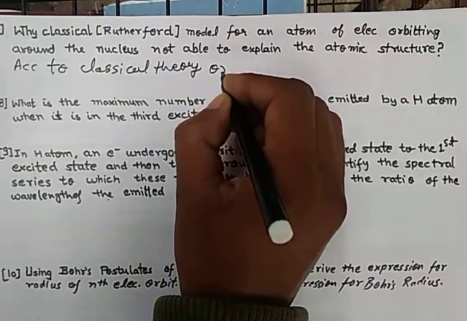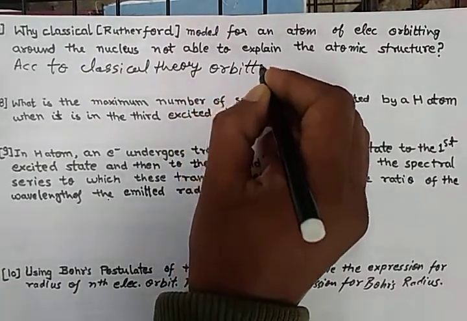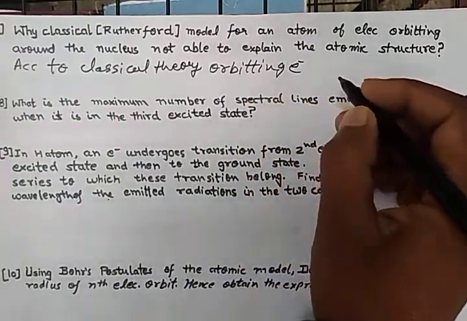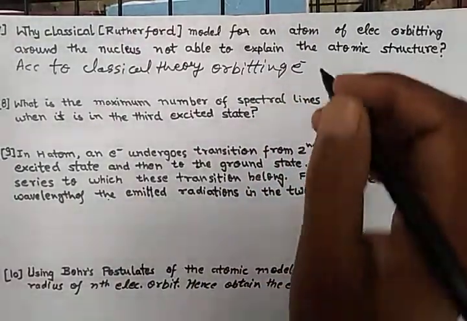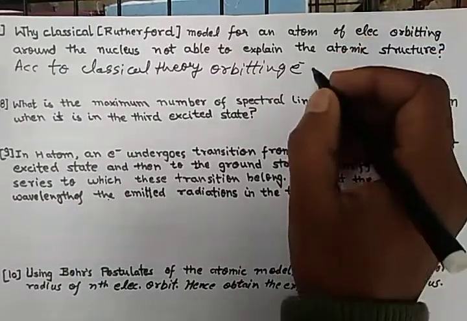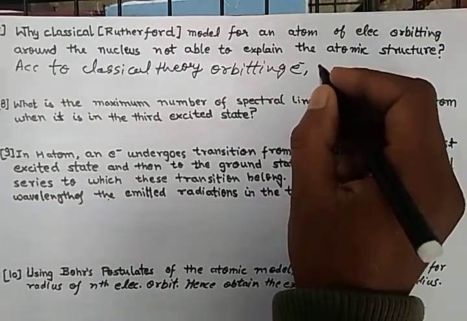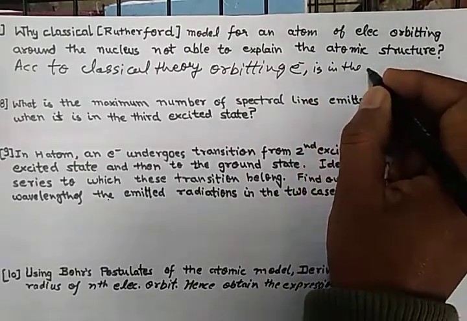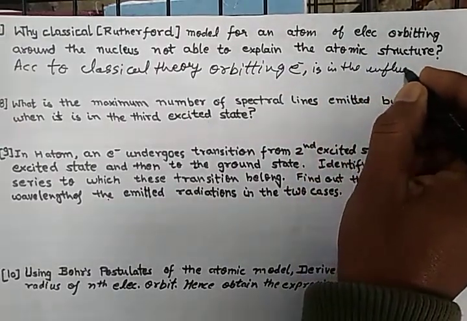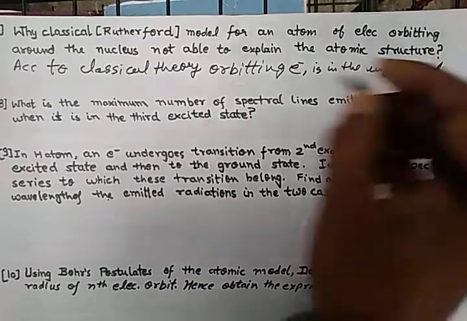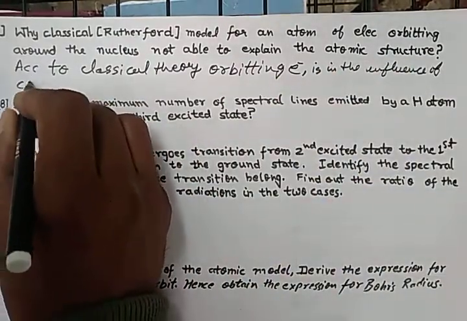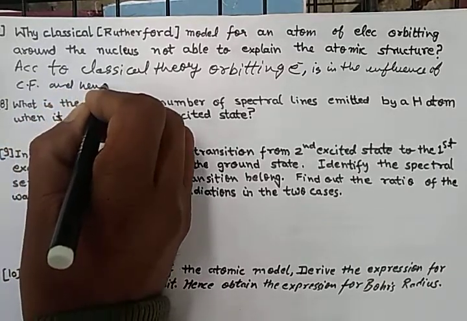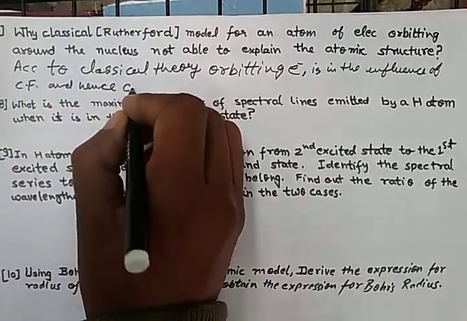The orbiting electron is under the influence of centripetal force, and hence centripetal acceleration.